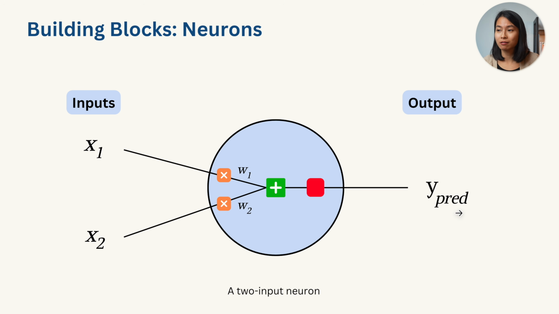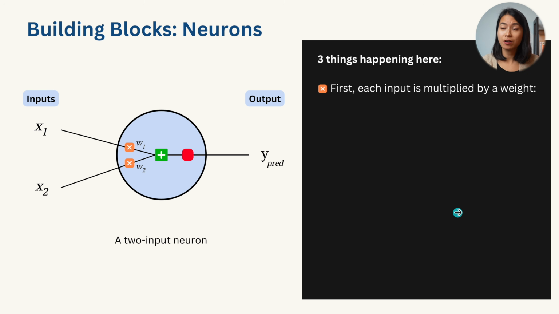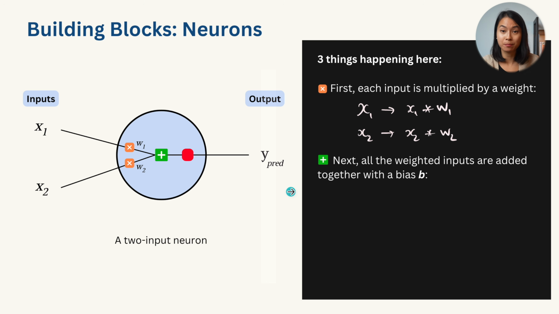Now with this neuron, three things are happening here. First, each input is multiplied by a weight, and the weight represents the strength of the connection between this neuron and these two inputs. So input x1 will be multiplied with w1, and similarly x2 will be multiplied with w2. Next, all the weighted inputs are added together with a bias b.